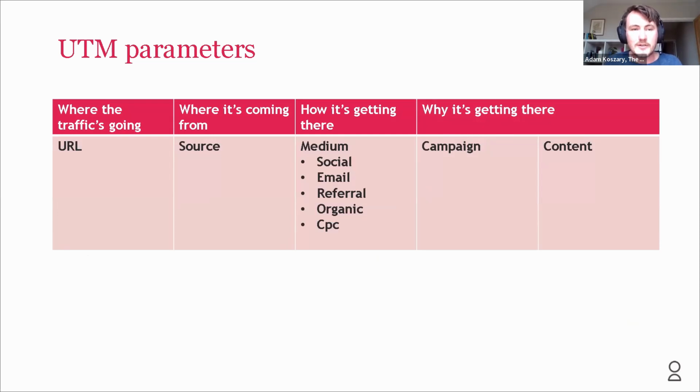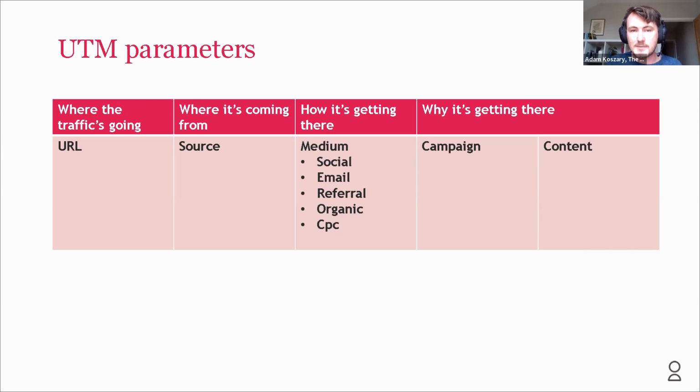The URL is very simply, not yet. URL is where the traffic's going, obviously. So you want people to get to your website or a web page on your website. You obviously need that URL there, otherwise no one's ever going to get there. The source, as I've explained, is where it's coming from, the specific site or newsletter, specific instance.